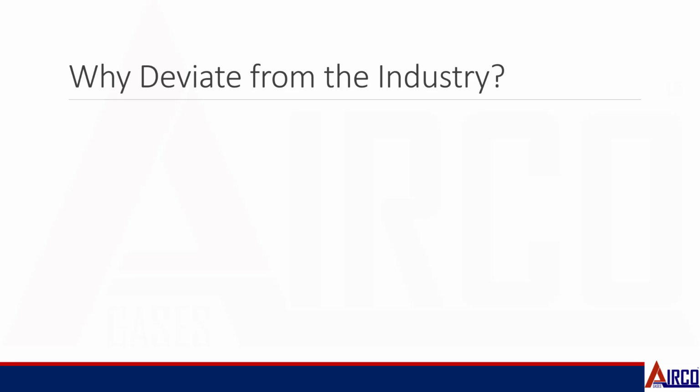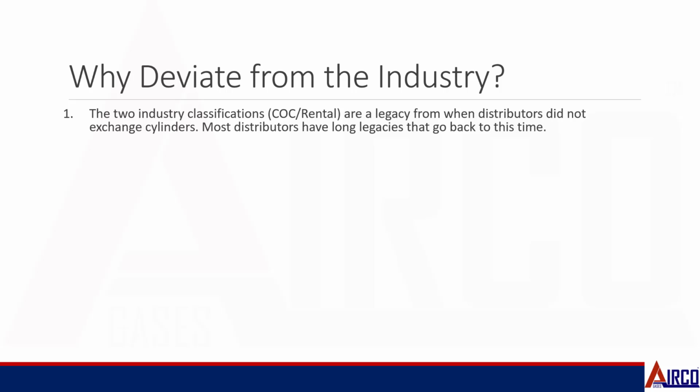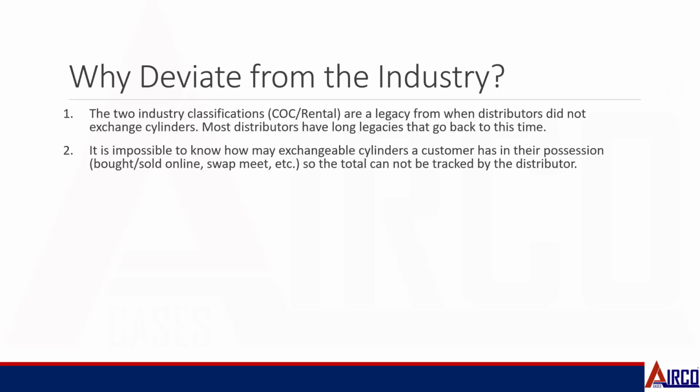So many of you are watching this presentation and probably asking yourself, why deviate from the industry? Why are we going to be different? Why are you making it harder? So the two industry classifications we already talked about, customer owned and rental, they're legacy from when distributors did not exchange cylinders. They just didn't do it. And most distributors have long legacies that go back to this time.